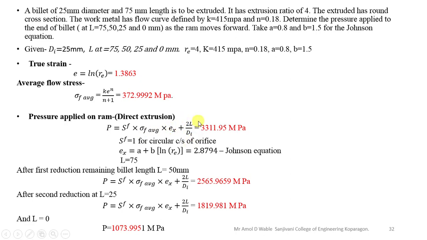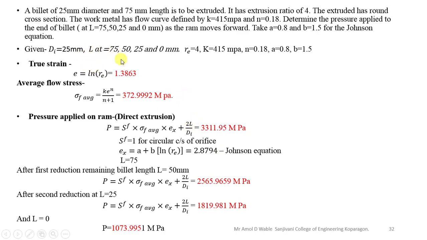At that time there is no need to consider 2L upon Di. So the average flow stress value we have found out. SF we have to take as 1 for circular cross section. εx you need to find out. εx is a plus b ln of Rx, which is equal to 2.8794. L is given, so in this case you keep L as 75.